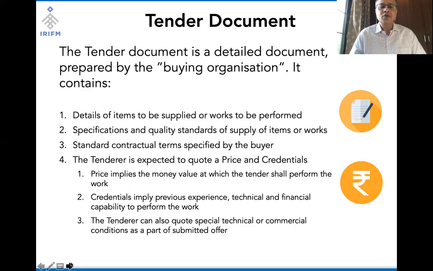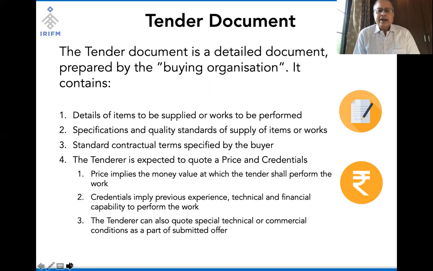So, for example, if you work for Southern Railway, and if you work in the DRM office of Southern Railway, then DRM office of, let's say, Sikandrabad could be the buying organization. In the case of South Central Railway, if you work for DLW at Varanasi, then DLW could be the buying organization, and then DLW shall be inviting the tender.